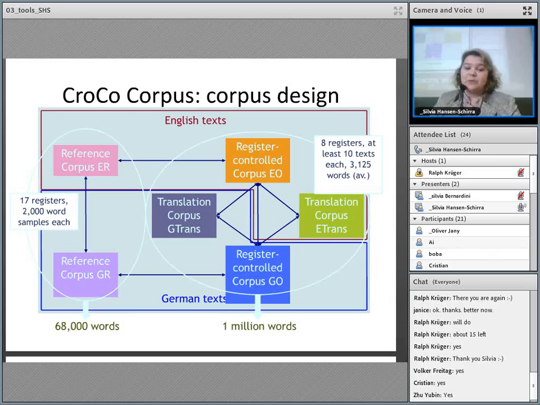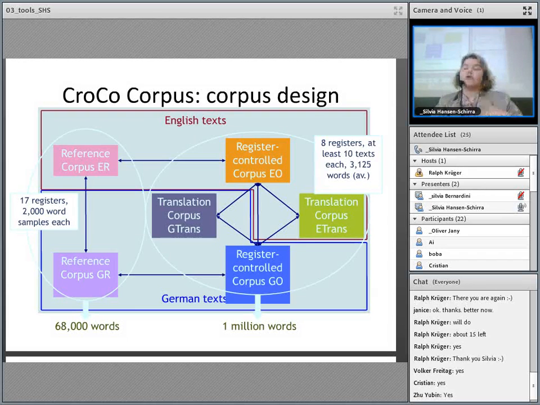Then we have translations as well, so we also have a parallel corpus, a translation corpus: German originals and English translations, English originals and their German translations. But we can also use a monolingual comparable corpus with translated and non-translated texts in German and the same constellation in English. We did this for 8 registers.